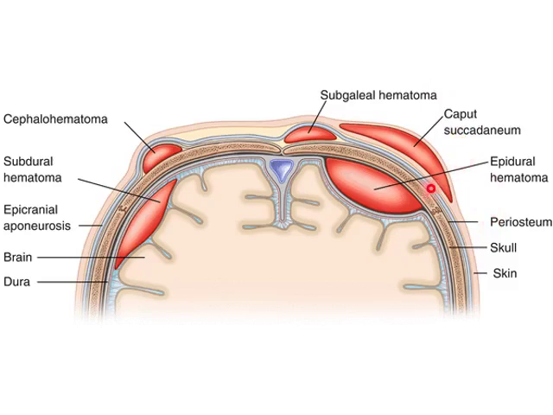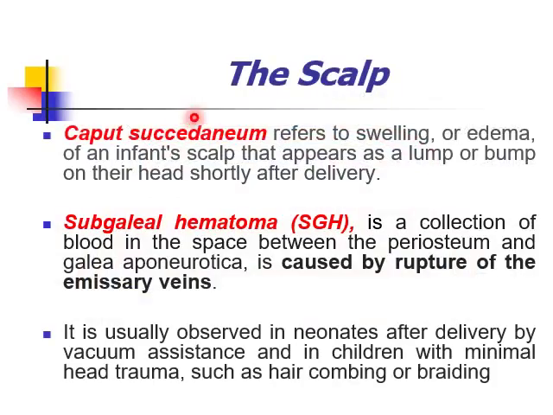And we might have another kind of hematoma in the scalp. This is called cephalhematoma. The caput succedaneum refers to swelling or edema or hematoma of an infant's scalp that appears as a lump or a bump on their head shortly after delivery. As we said, caput succedaneum in particular is due to obstructed labor. Okay?